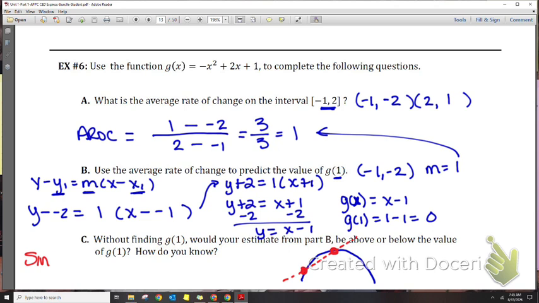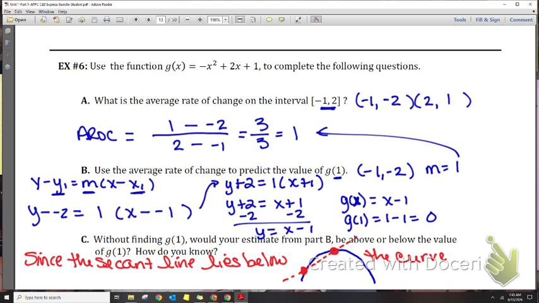All right, so since the secant line lies below the curve of g of x, and the graph of g is concave down, that's how we know it's below it.